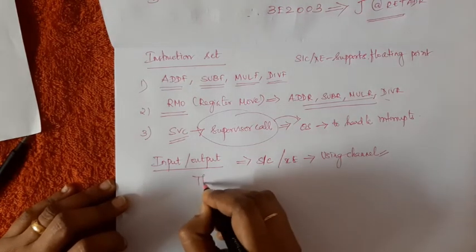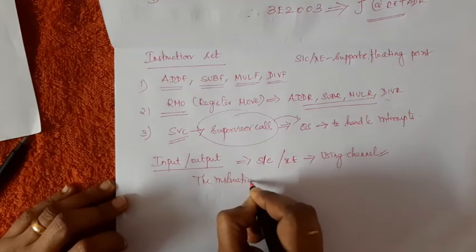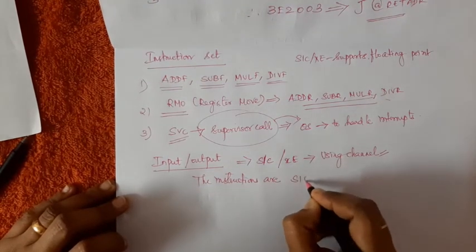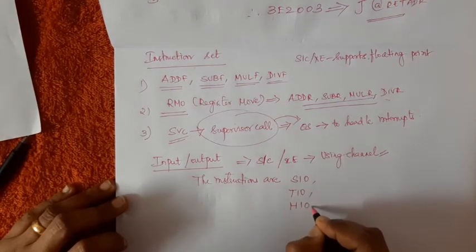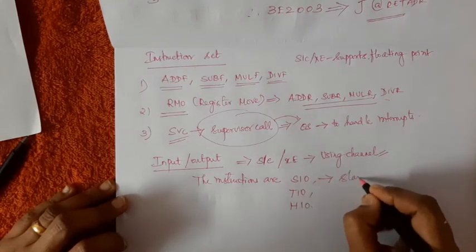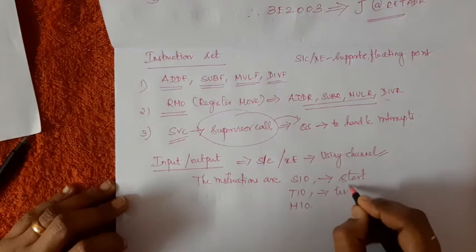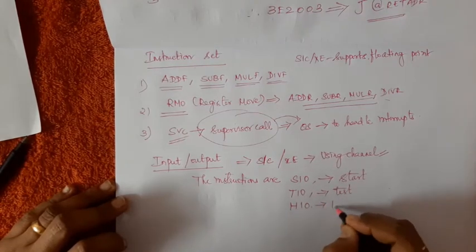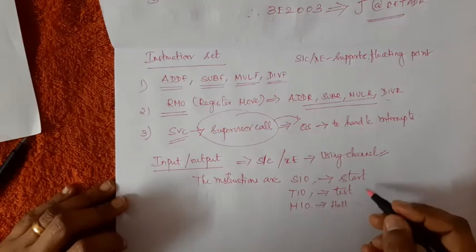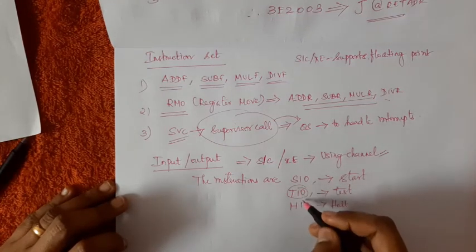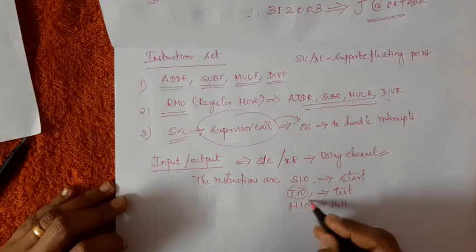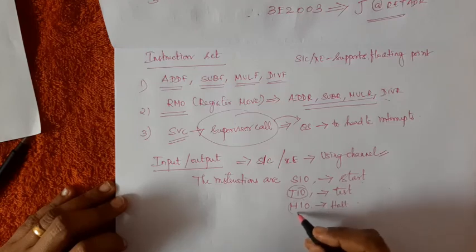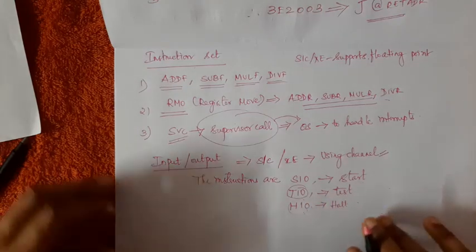The instructions are SIO, TIO, and HIO. These start the IO operation, test the IO channel, and halt the IO operation. We initially test the IO channel. If it is free, you can start it and begin the processing, and after completion you can halt the IO operation. So this is all about input and output channels.